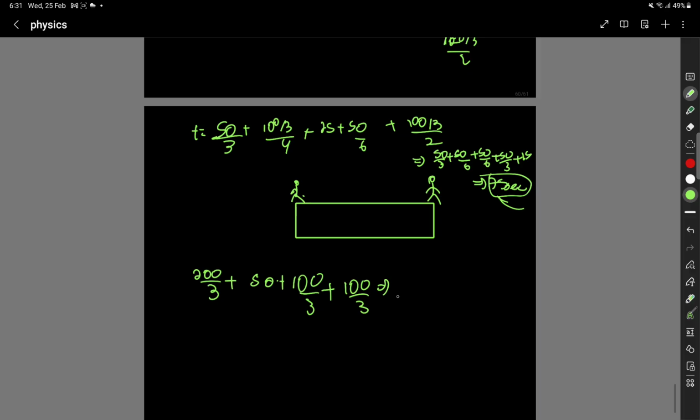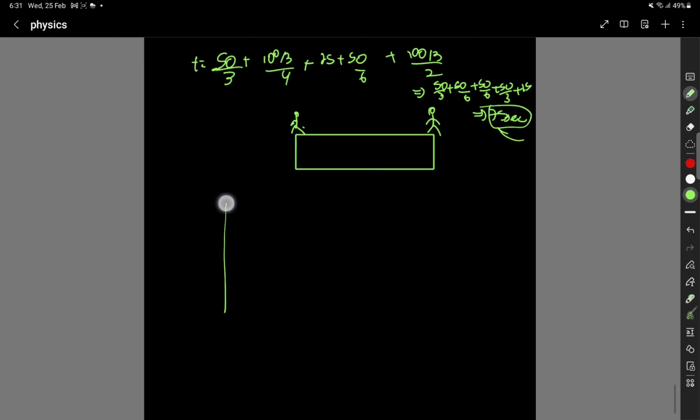This will imply 150, 100 by 3 meters. So 300, oh wait, that's a mistake I think. Let's see the velocity versus time graph first. That is easier, because calculation mistakes might happen. Velocity versus time.